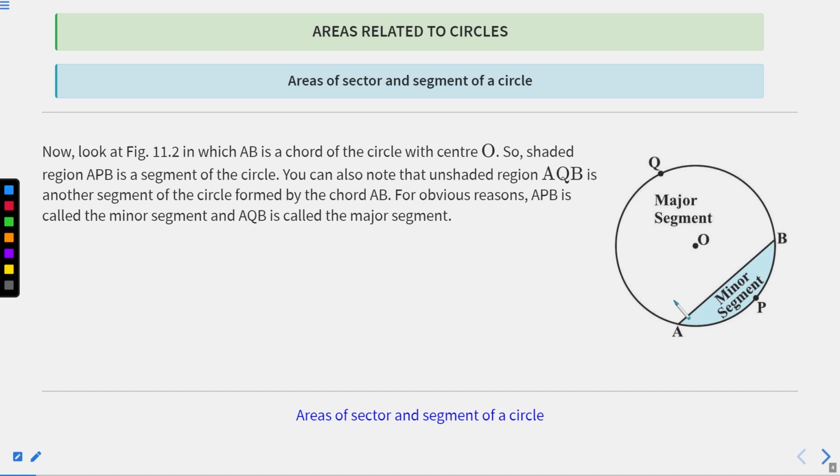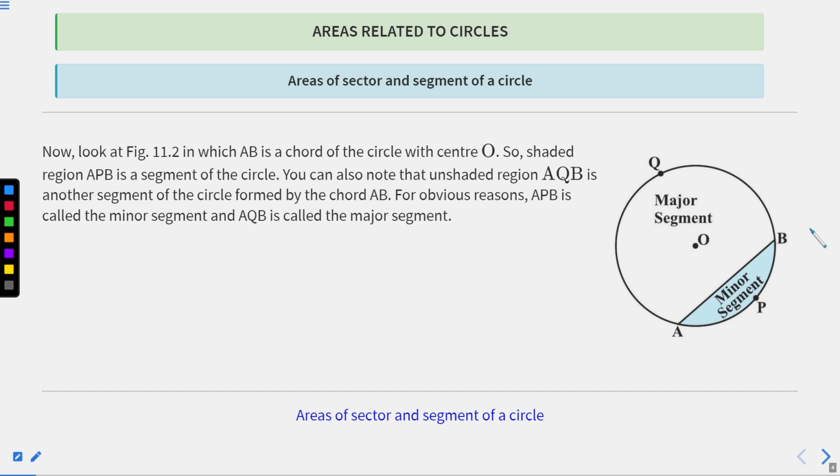For obvious reasons, this segment of the circle APB is called the minor segment, and this segment AQB is called the major segment. Why are they called minor or major?